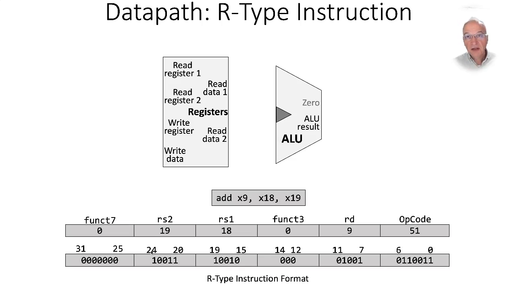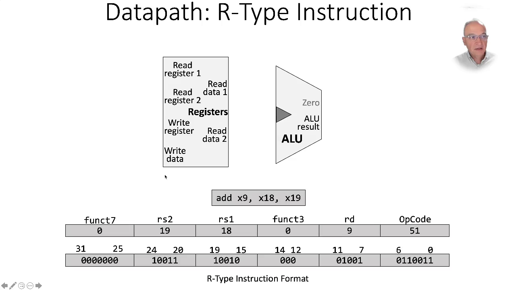I send the value of those two registers to the arithmetic and logic unit, and take the result computed by the arithmetic and logic unit and store it into the destination register that is specified by bits 7 to 11. So in this example instruction, I'll take the values from registers 18 and 19, and I will write the result into register 9.